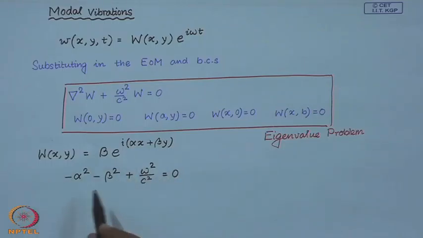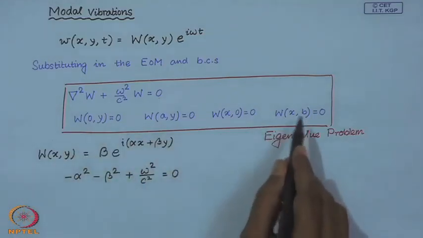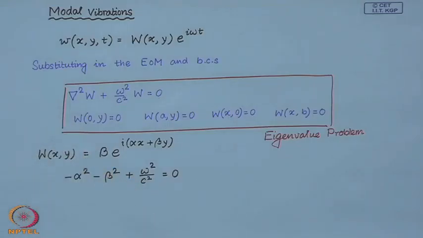This is what we obtain. So, alpha and beta have to be chosen such that this equation is satisfied, but that is not all. As you know, we have to also satisfy these boundary conditions.